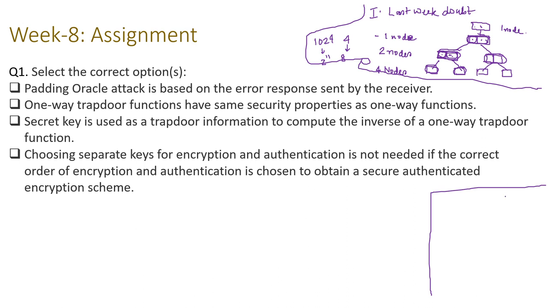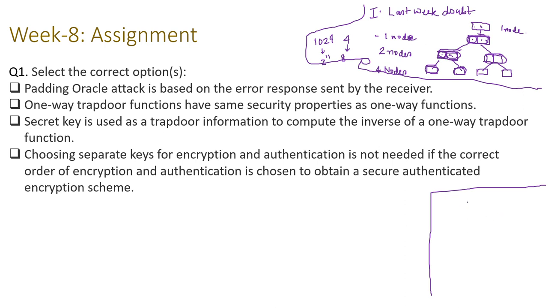Then there is the encrypt and MAC approach, which is not necessarily secure, and it depends upon how we instantiate the MAC protocol. So this does not always lead to an authenticated encryption scheme. And the last one is MAC then encrypt, right?